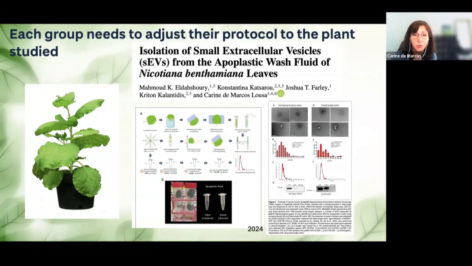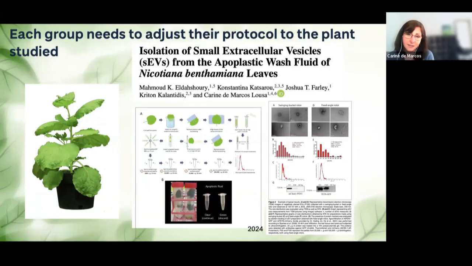So we had to come up with a different protocol, adjusting the centrifugation times, adjusting the infiltration buffers, adjusting different rotors, making sure when you infiltrate, you don't break the cells, which ends up by having a fluid that is green. That means that the cells have been broken and you have actually chloroplasts in there. So making sure that you have a clear apoplastic fluid. So all these had to be optimized, although we already had one that was working for another type of plant.